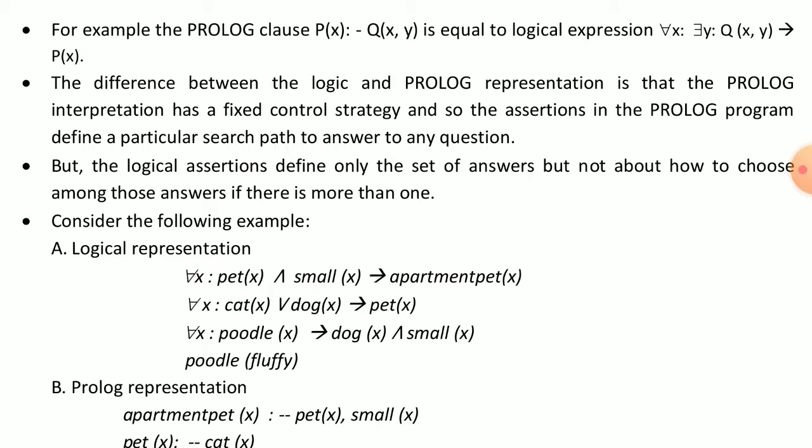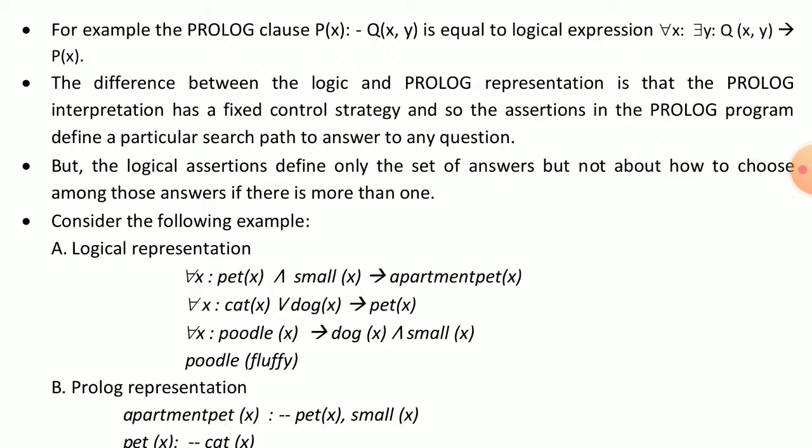But the logical assertions define only the set of answers, but not how to choose among those answers if there is more than one. And here we can use the logical assertions, and for one question we can choose many answers, and from those answers we can select the best answer.